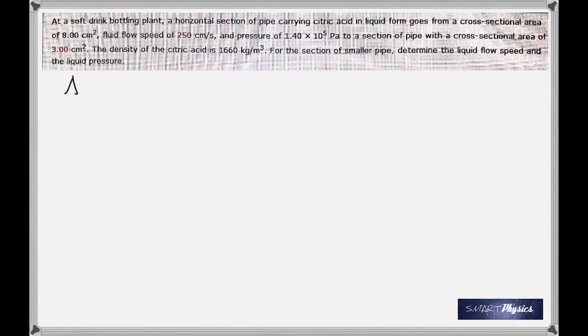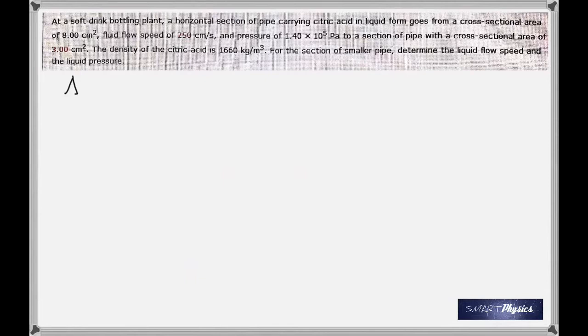So you have the area, the speed and the pressure in this section. But then it goes to another section of the pipe with an area of 3 centimeters squared. So the area is much smaller, which means the speed will be bigger.